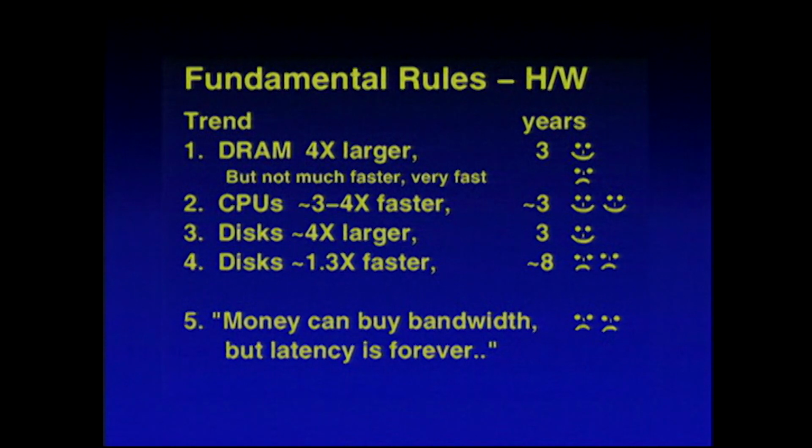Well, there are a couple fundamentals in terms of the performance and capacity that you see from chips and storage technology. The first one, which drives a great deal of the chip industry, is that DRAM memory chips get 4 times larger in capacity about every 3 years.